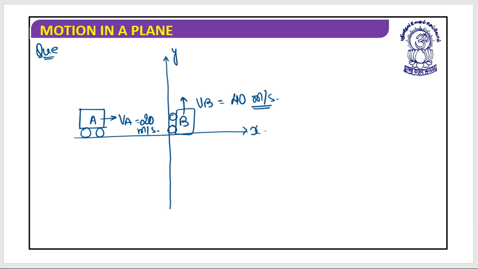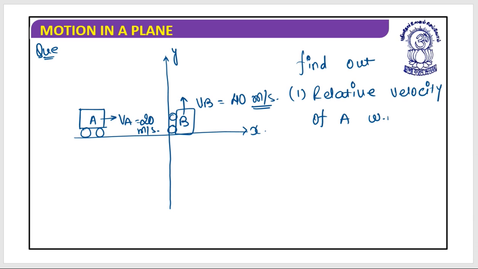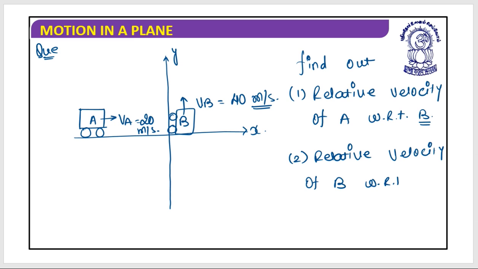Now what you require: find out first the relative velocity of A with respect to B. Second, the relative velocity of B with respect to A. When I say I require a relative velocity, that means I require their magnitude as well as direction.